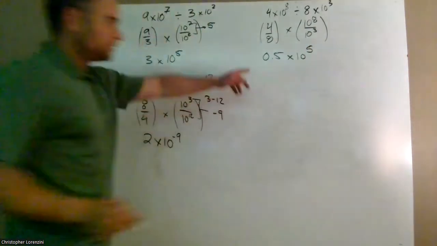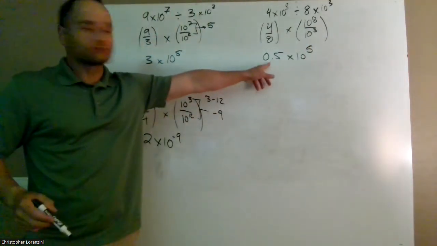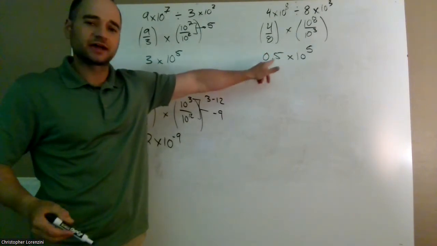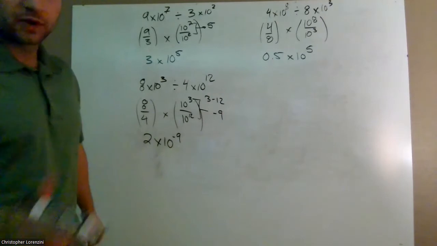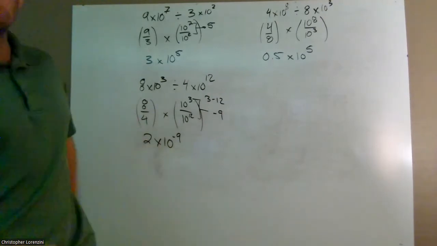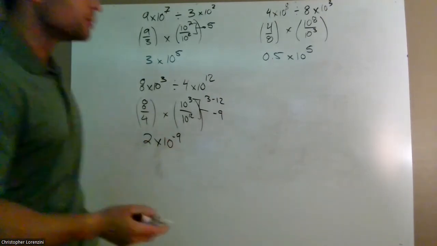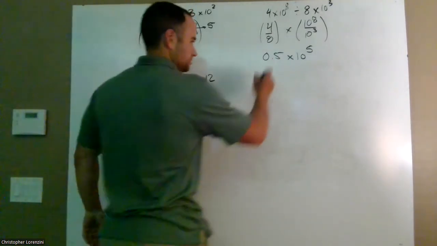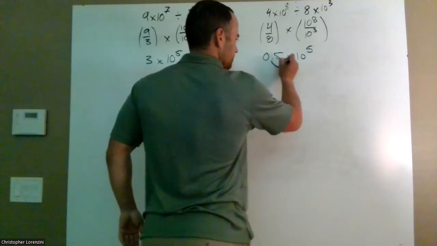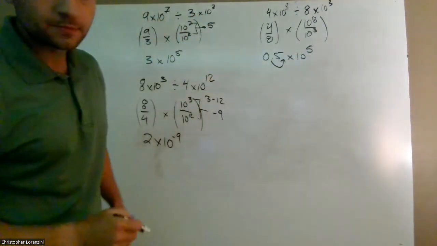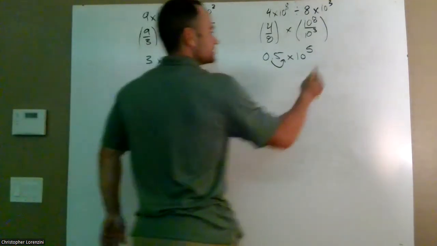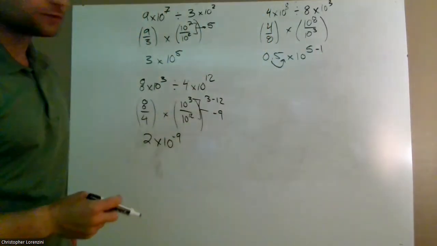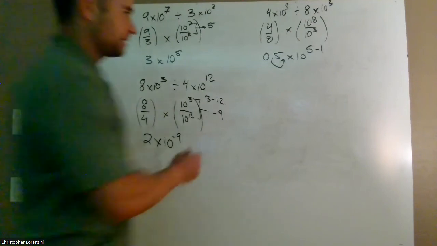Now, this number is smaller than 1, which means it is not written in scientific notation. So what I have to do is move that decimal place just like I did with the multiplication, except I'm moving it in the other direction. So instead of being here, it needs to go here. And since I'm moving it this way, I'm losing a factor of 10 on the back end.